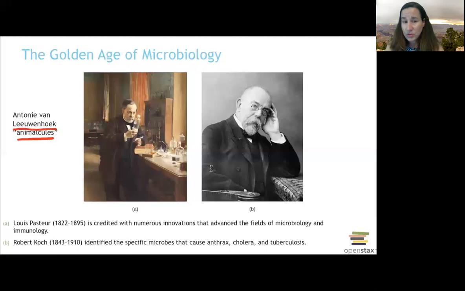I'm definitely going to ask you about these next two guys too. In the golden age of microscopy and microbiology, we have two names that stand out, and we will talk about them again later on. The first is Pasteur. Remember we were talking about cheeses before and pasteurized cheeses? We have Pasteur to thank for that. He came up with the process of showing that life did not just occur.